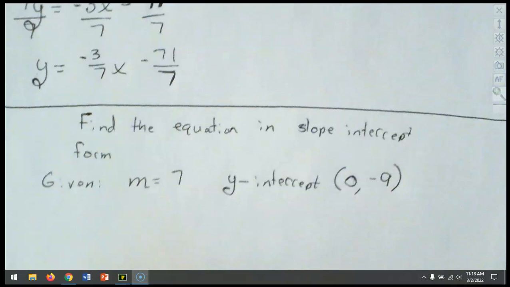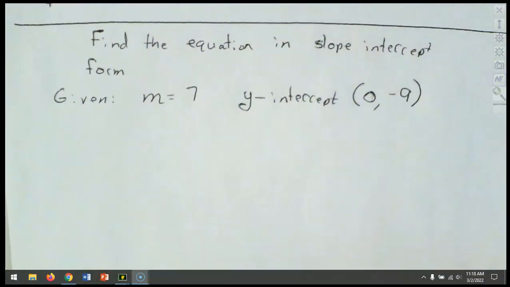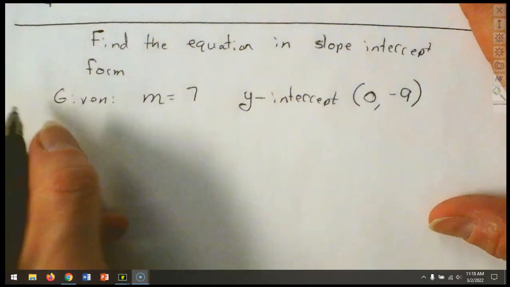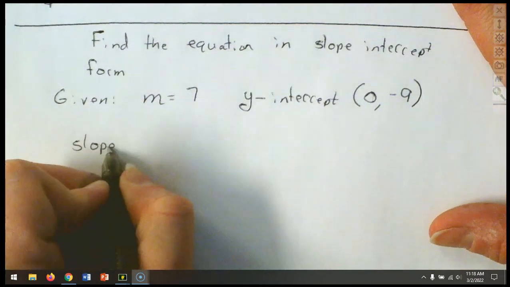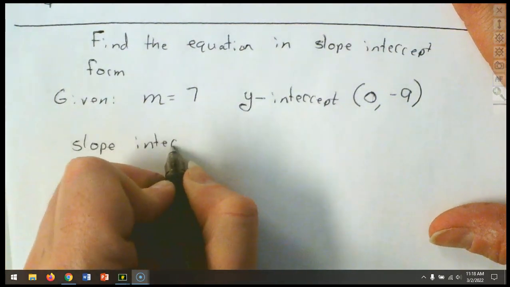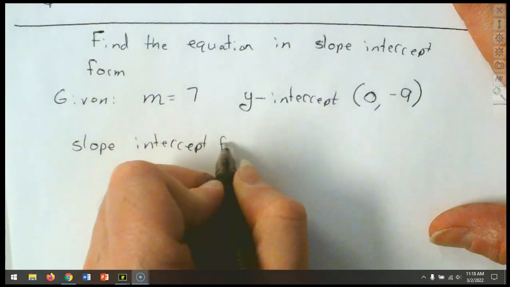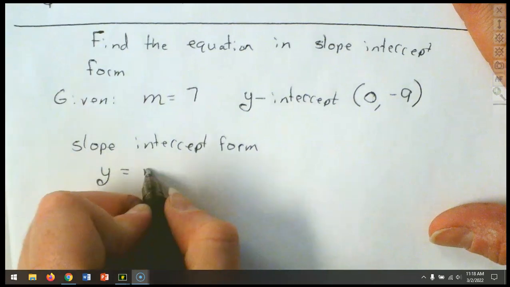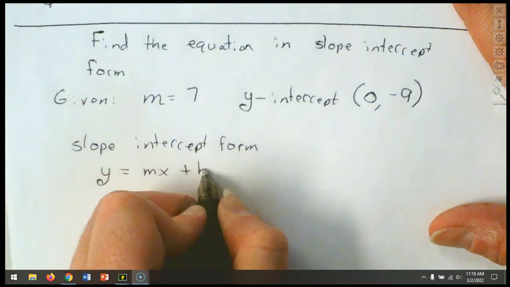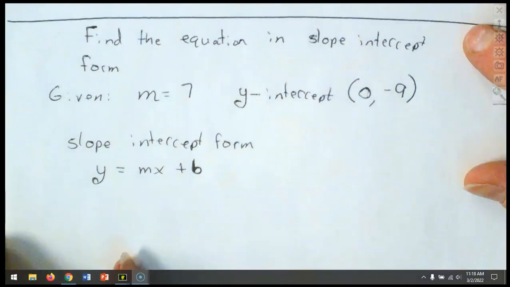Now, if it's a y-intercept, you could work it out the same way as we did a moment ago, because the y-intercept is just a point. But you can just jump straight to the answer when you're given the y-intercept, because the y-intercept, remember, is your b. So slope-intercept form is y equals mx plus b, right?